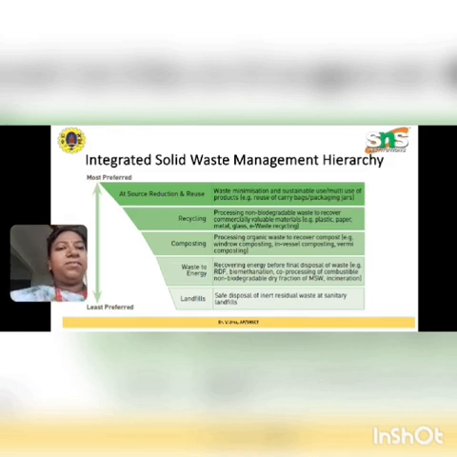Second is recycling, the processing of non-biodegradable waste to recover commercially valuable materials like plastic, paper, metal, glass, e-waste, etc. Third is composting, the processing of organic waste to recover compost by using windrow composting, in-vessel composting, vermicomposting, etc.